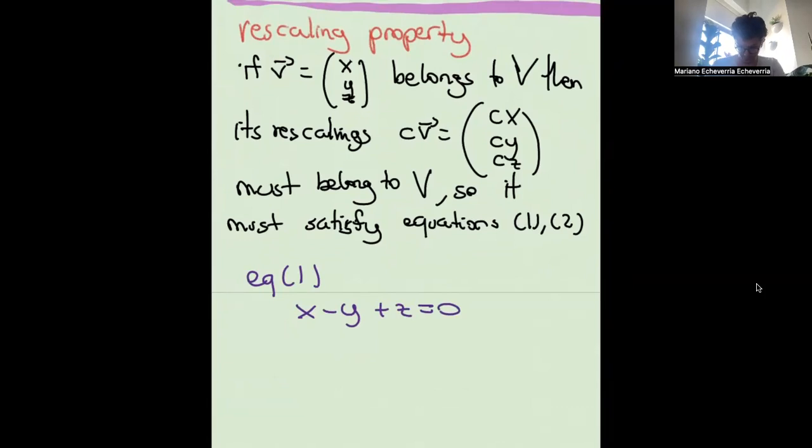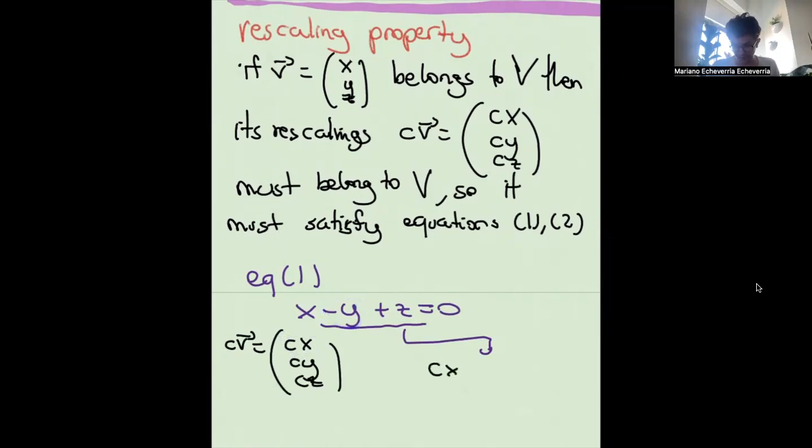These need to be replaced with the corresponding entries. x refers to the first entry of the vector, but now the first entry is cx, so you put cx here. The second entry is cy, so you put minus cy here.